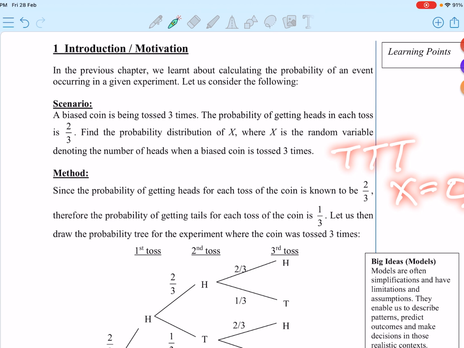In this case of 3 tosses, all tails, X can take the value of 0. Of course, what are the other values that X can take? It can be tail, head, tail. In this case, X will take the value of 1, because X is the number of heads. We have 1 head out of 3 tosses.